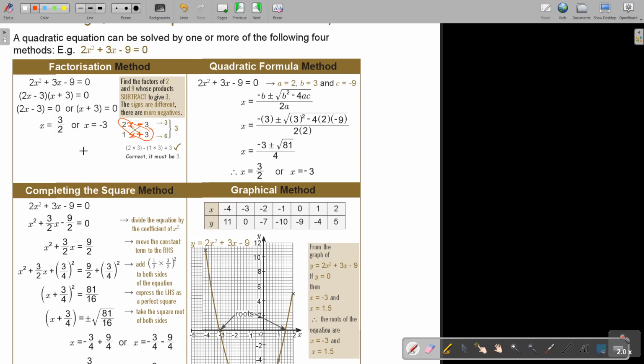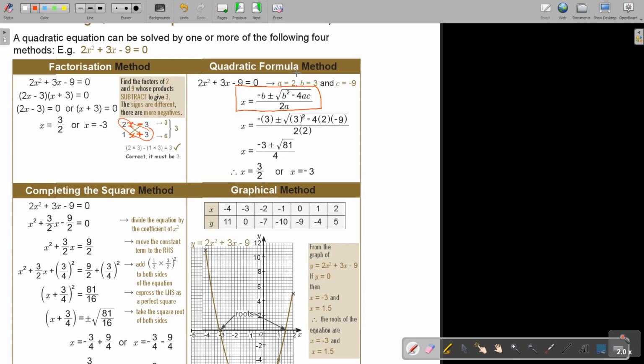The other method was the quadratic formula. This is very, very important, because all quadratic equations can be solved by the quadratic formula. Only some can be solved by factorization. Please memorize that quadratic formula.